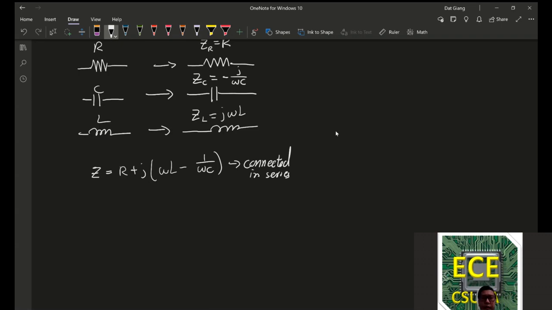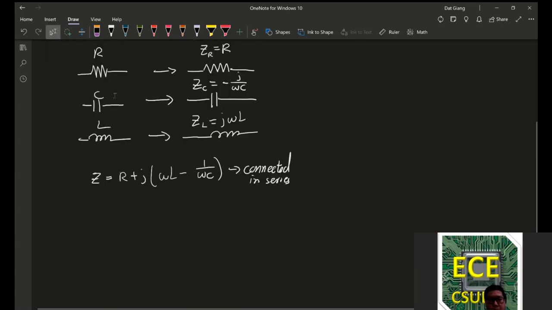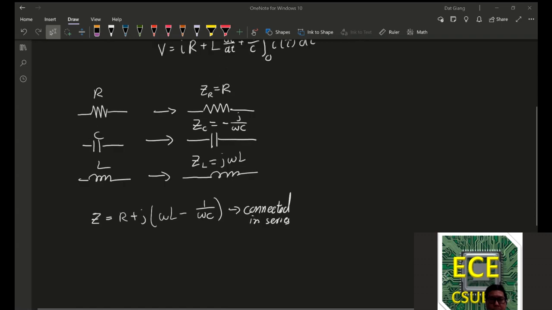But the idea is later on in phasors, we're going to scrap solving differential equations and start solving algebraic equations. And this is just the introduction for RCL. Okay, thank you.